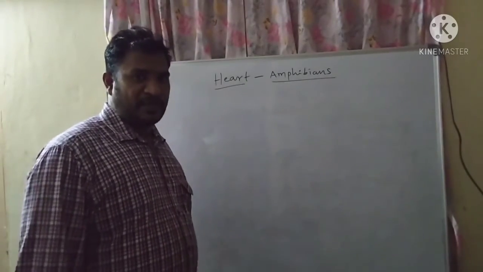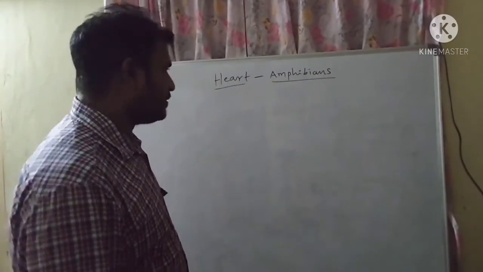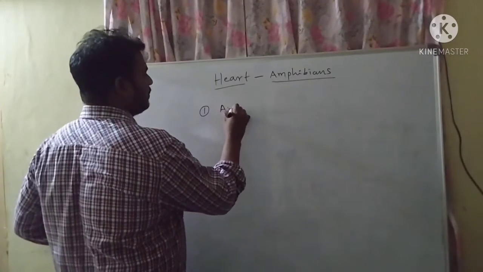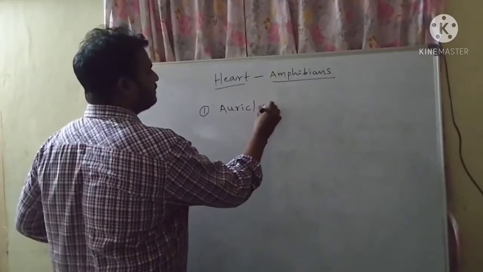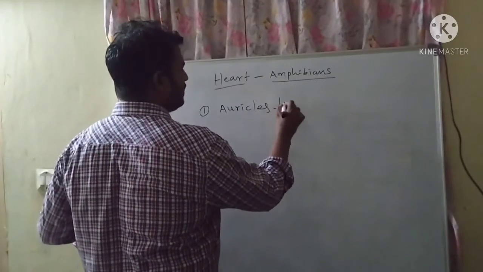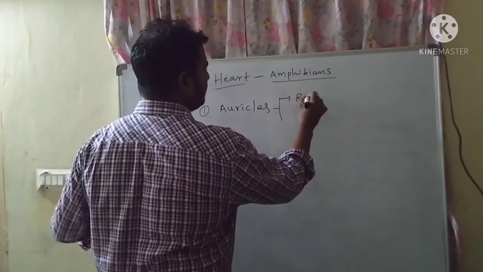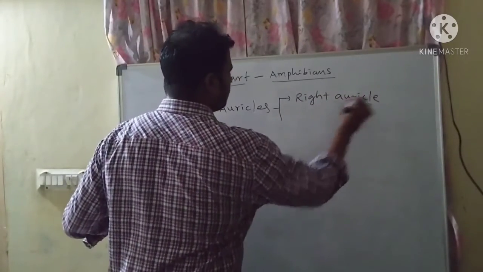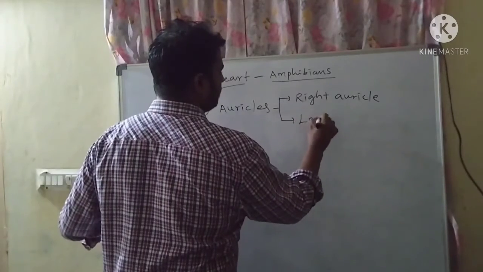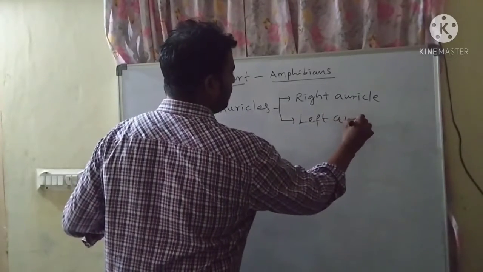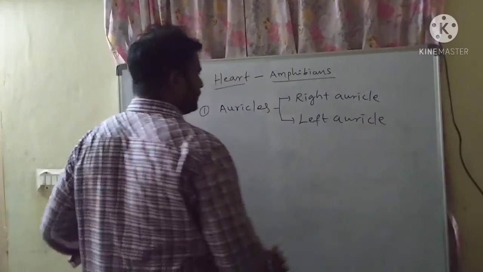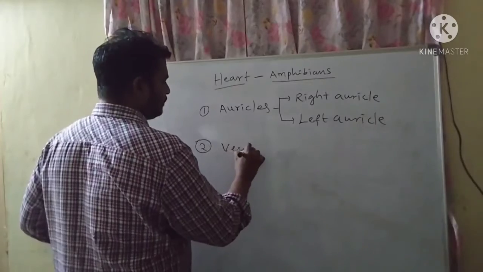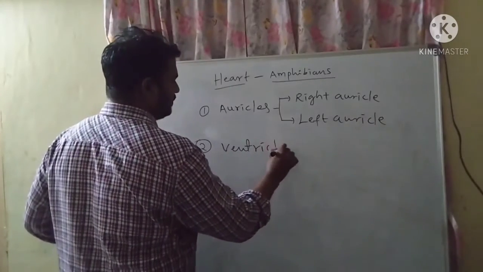The heart in amphibians has three chambers. There are two auricles present: one is the right auricle, the left auricle, and the second one is the ventricle.